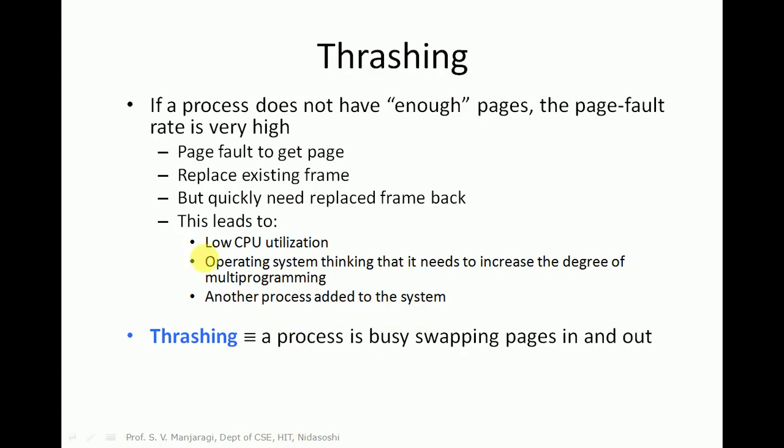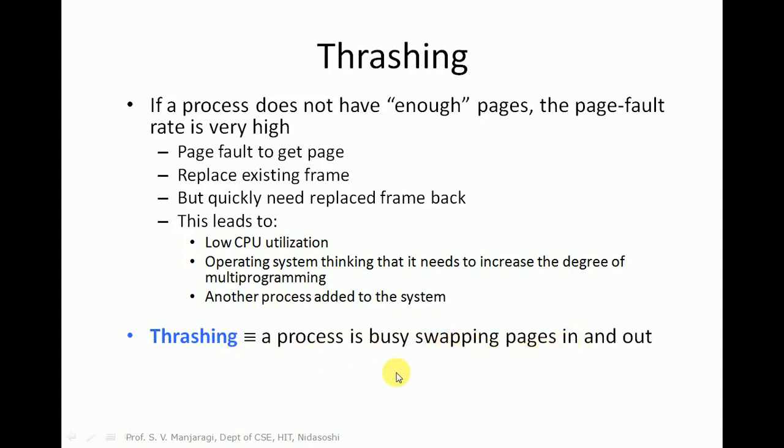In turn, that leads to low utilization of CPU. In this scenario, there may be a possibility of thrashing. Thrashing means a process is busy swapping pages in and out rather than executing. The process is not in execution, instead it is busy swapping pages in and out.